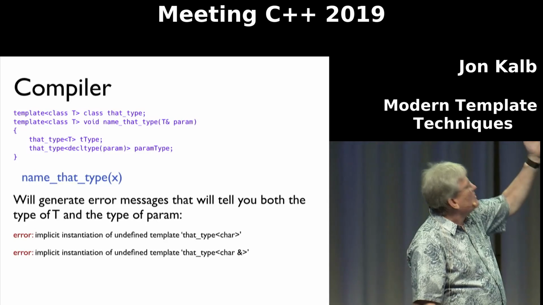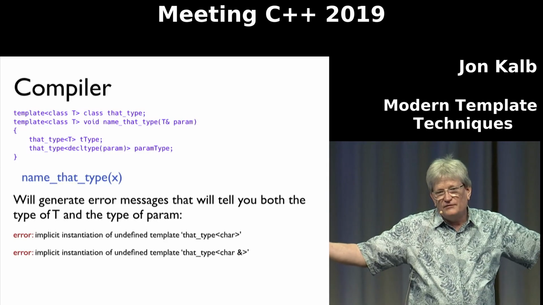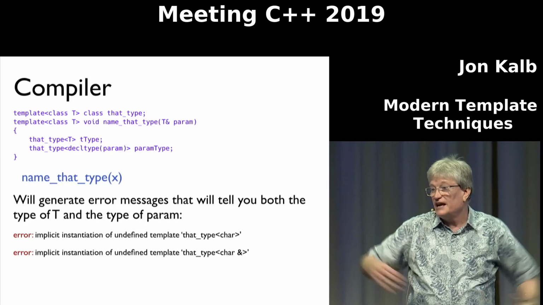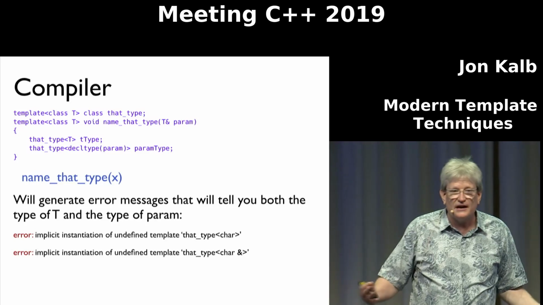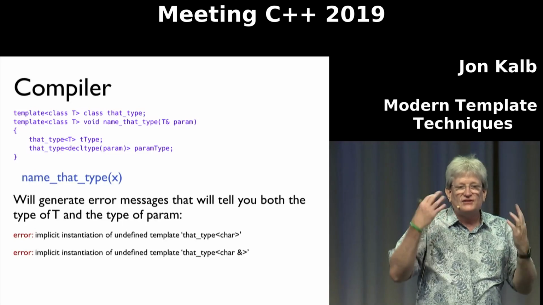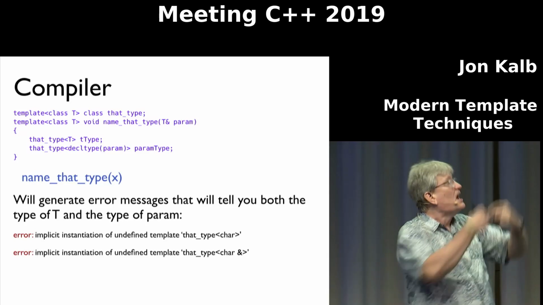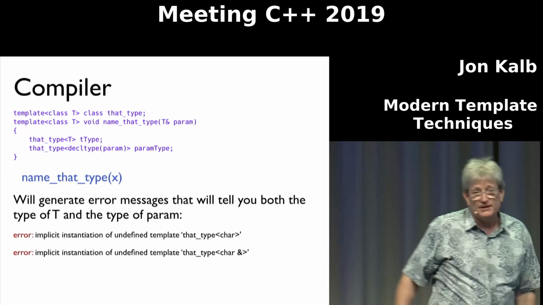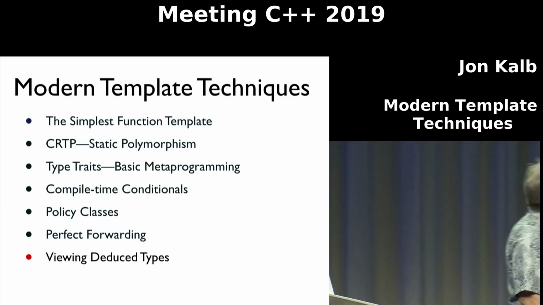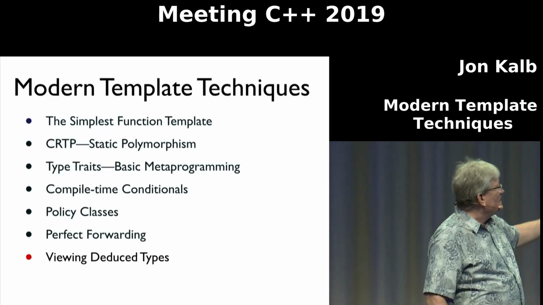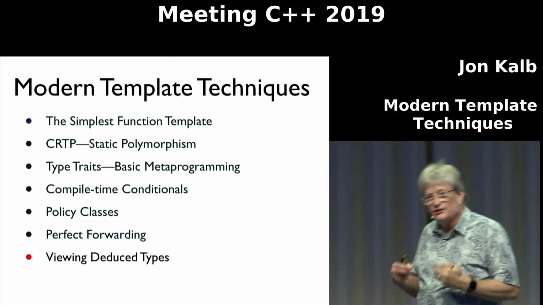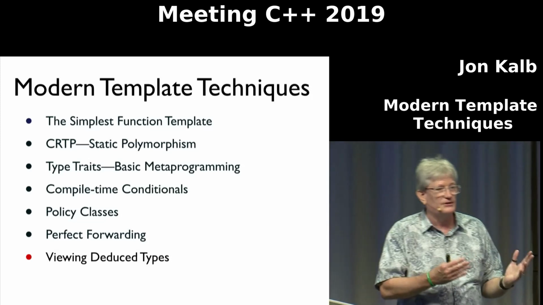We said, that type, if you ever want to use this, you need to have a definition, and we never defined it, so we're always going to get an error. But helpfully, every time the compilers give you the error, they say the error is for the template that type of, and it tells you what the type is. Okay? So that is how we would be able to view a deduced type without actually being able to build.